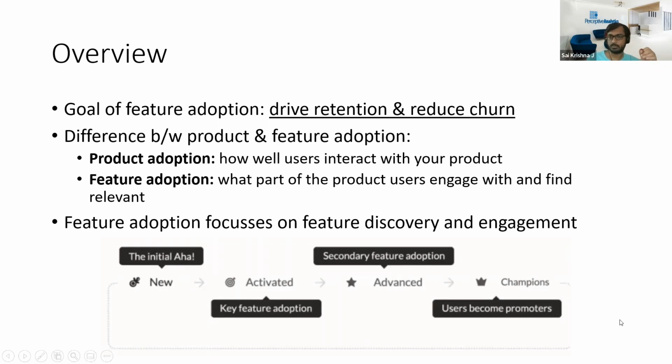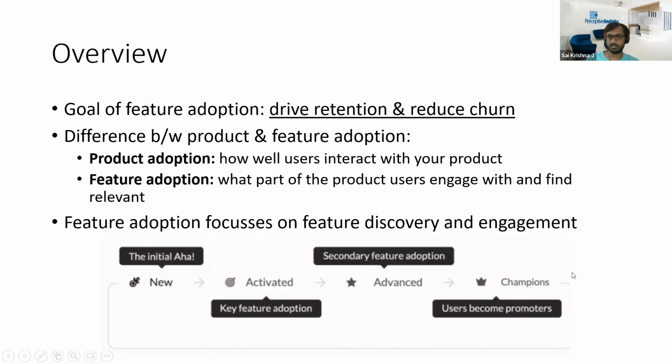And then people use that feature, redeem those coins, and then they talk to their friends and colleagues about it. They say that this is a new feature that has been introduced by the company, and it has these benefits, so I would recommend you also use it. This is the stage when the users become the promoters, and we call these users the champions.